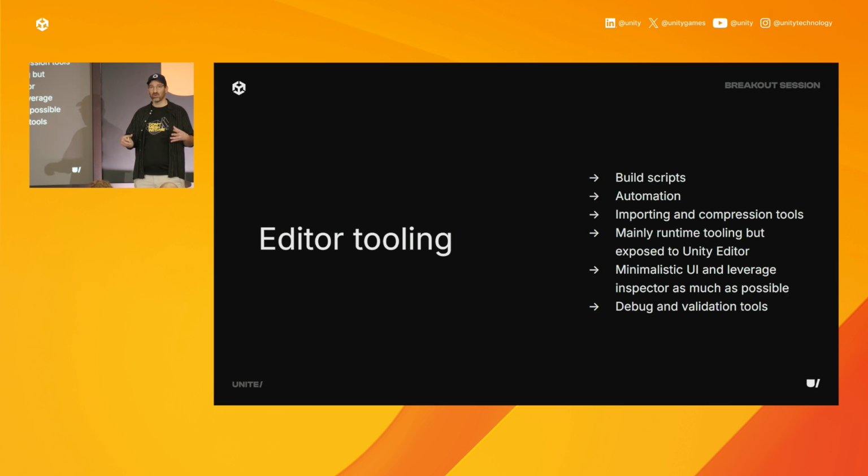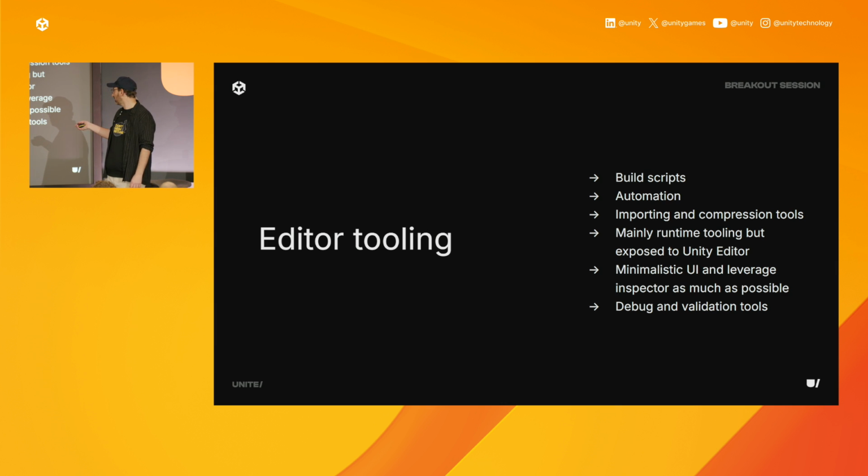Those were quite a lot of work, but we still managed to keep a very minimalistic UI so that artists don't get lost in it. And all these tools are available at runtime and are used in the modding pipeline. So that's very convenient, that we can have both at the same time.